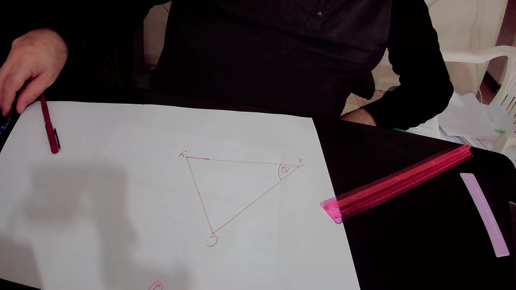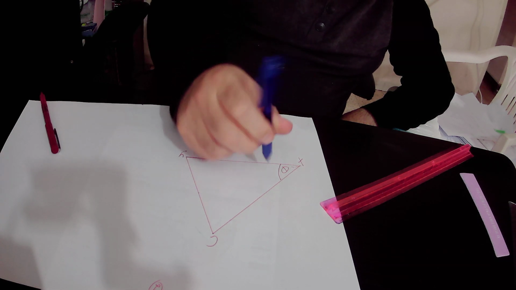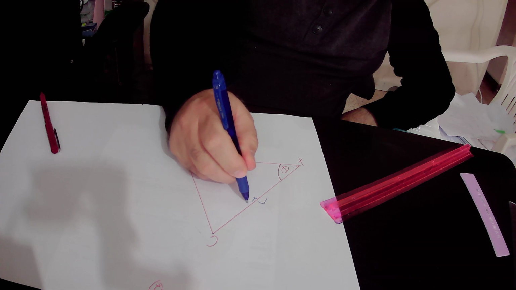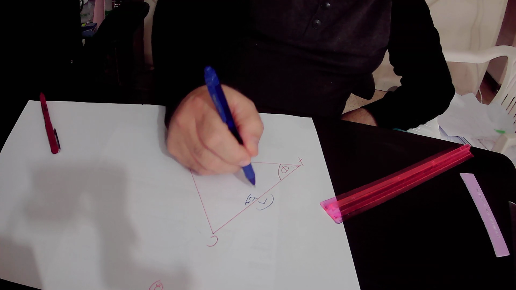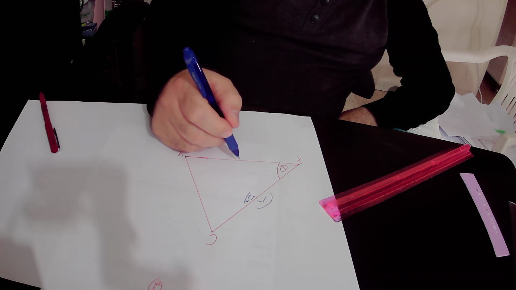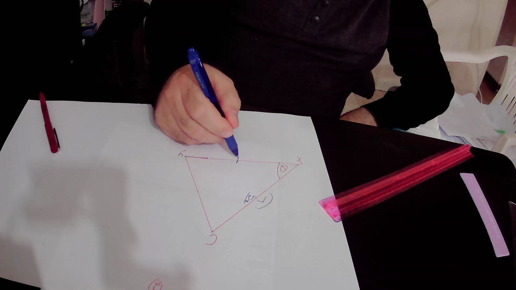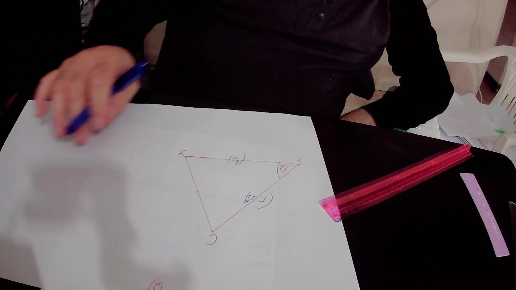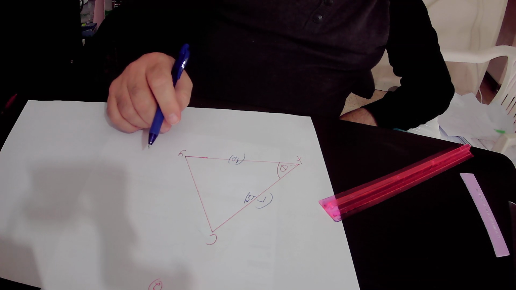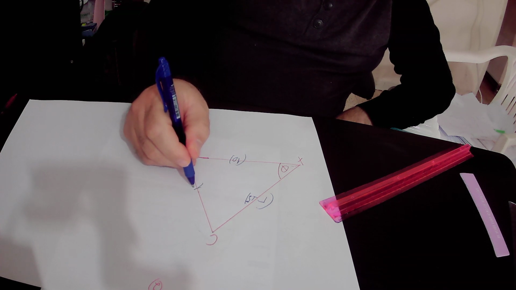We have already found out that the length of CX is r plus 5 units, XY equals 10 units, and CY equals 15 minus y units.